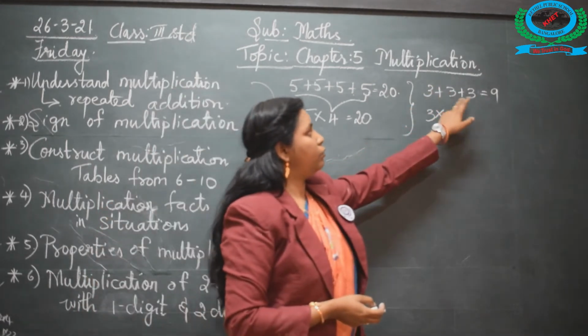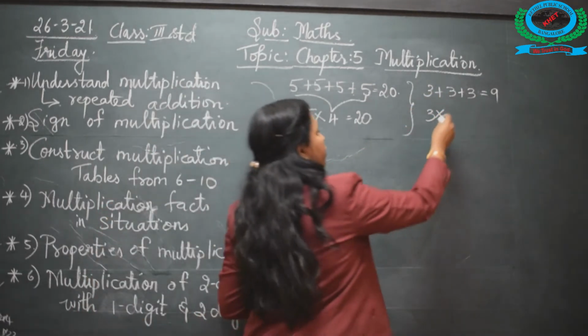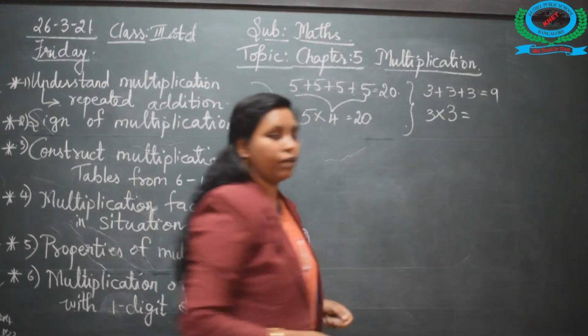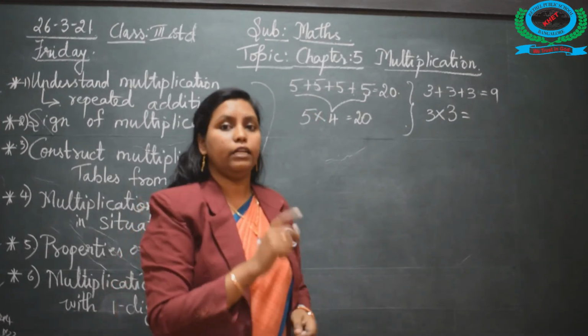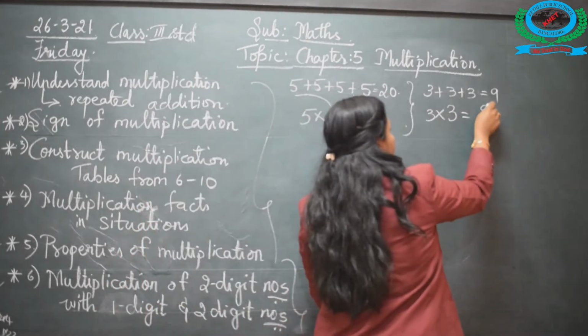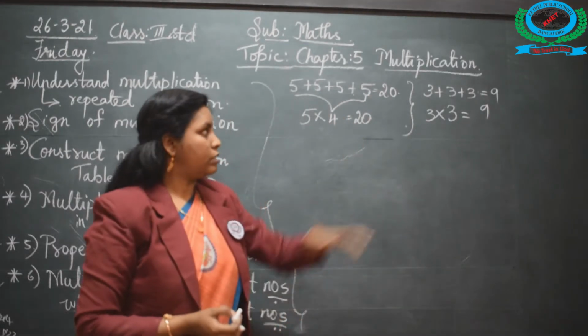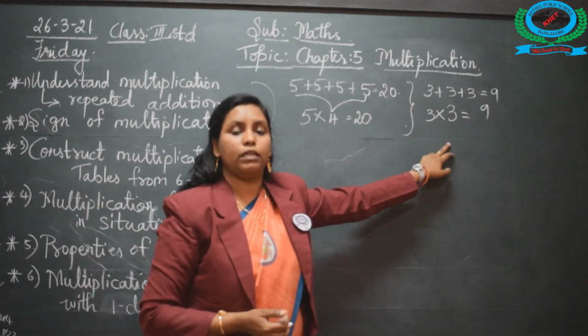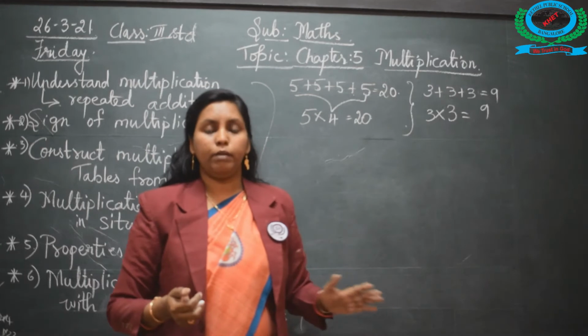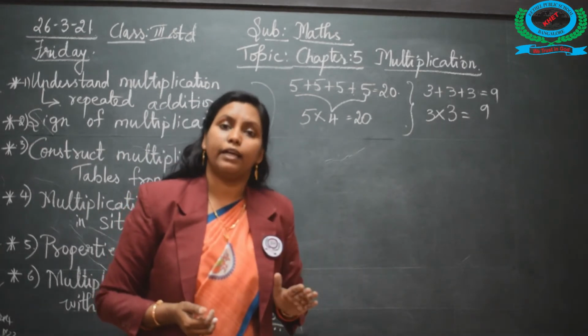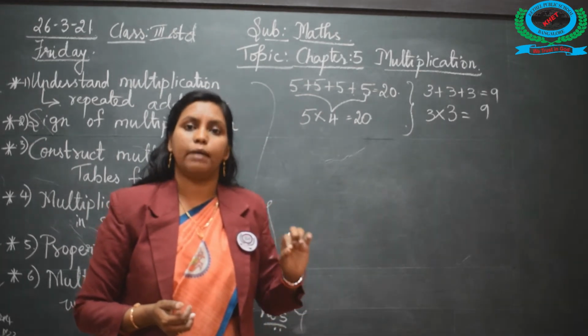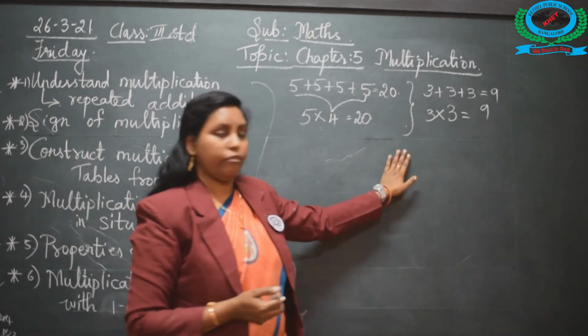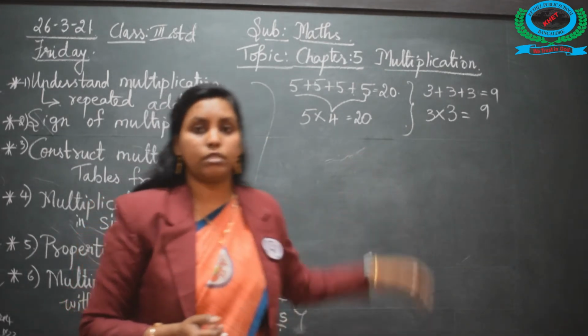It is 1, 2 and 3. So you are going to write 3 there. Okay. So when you multiply 3 into 3 it gives you 9. Okay. So this is the addition form and this is the multiplication form. So multiplication is called the repeated addition of the same number. Okay, fine children. So this was the first subunit.